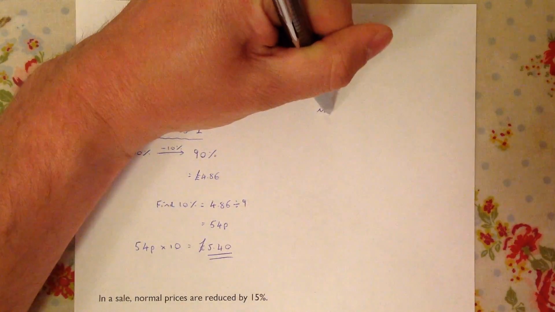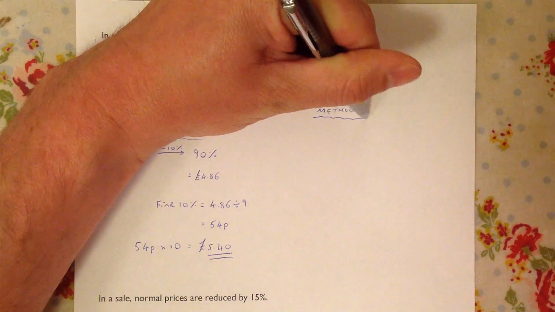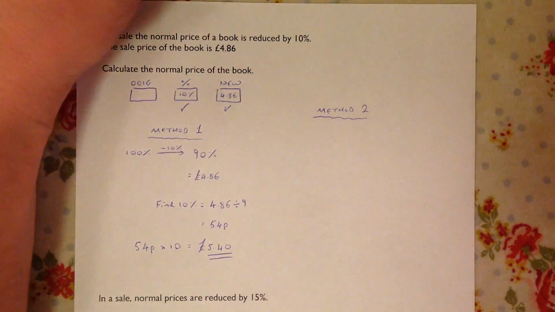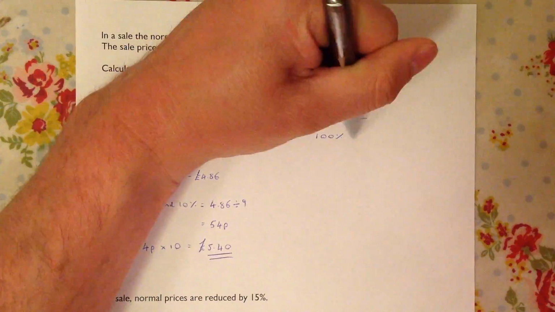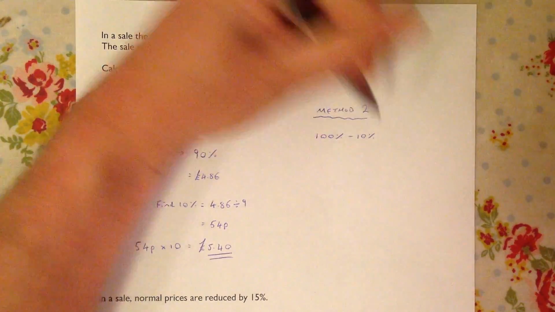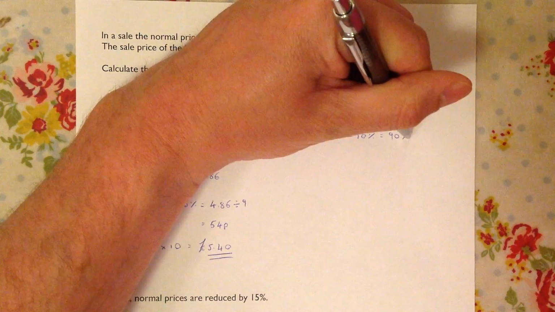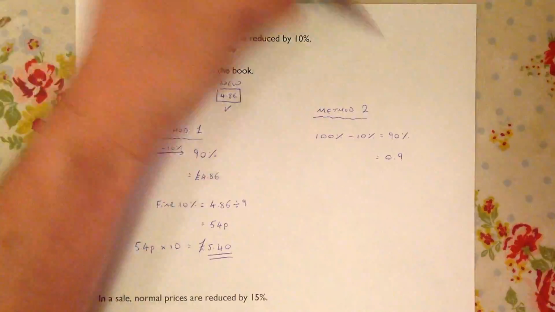Method number 2, if you think back to the earlier part of the video, is how to do this using decimals if this turned up on a calculator paper. So we start with the idea of 100%. We take away 10% because that's what it's been reduced by in this sale, and that gives us 90%. 90% we then turn into a decimal, which is 0.9.